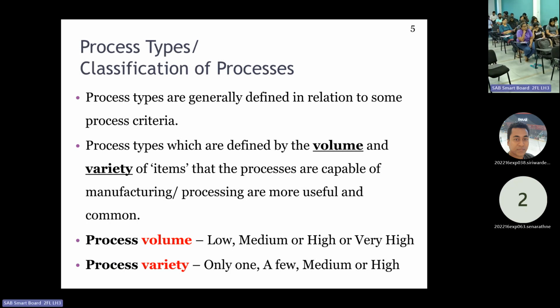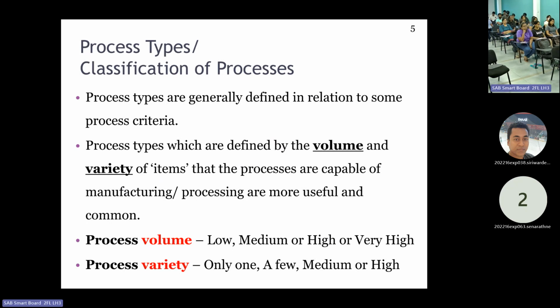So we call it low variety. Whereas some processes, with slight adjustments, can produce different varieties. So variety can be low, moderate, high, or very high. You understand? Some processes can produce different outputs. So that is another criterion.